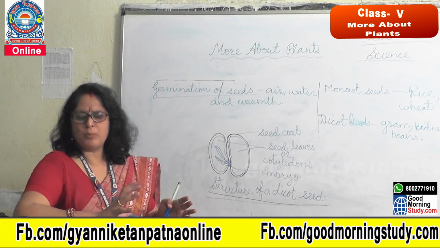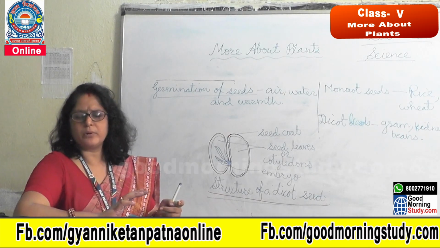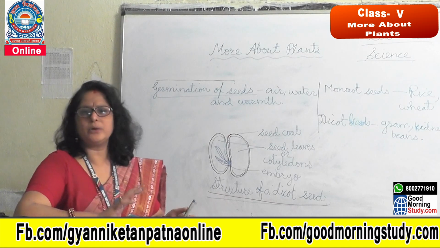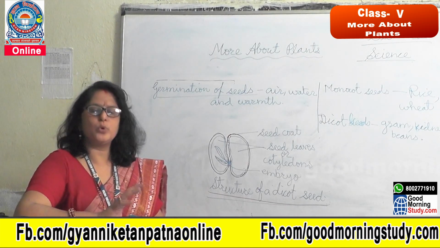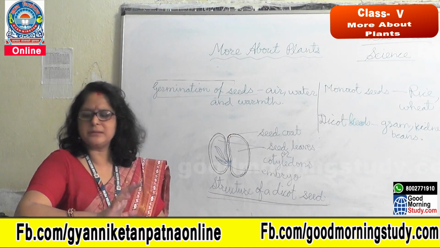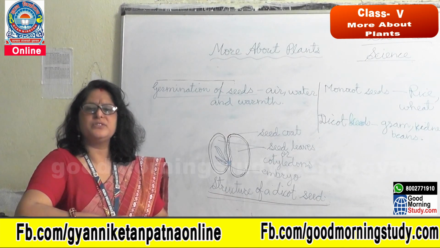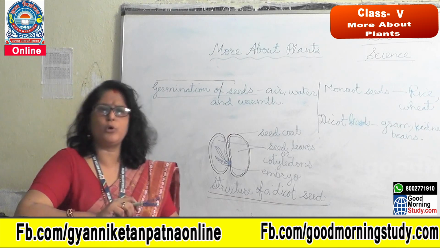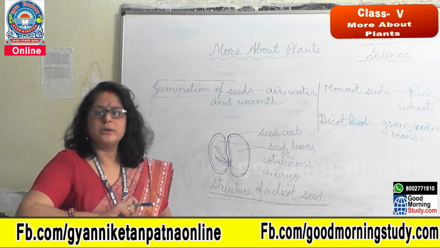In the first bowl you will keep only seeds and dry cotton. In the second bowl you will keep wool, wet cotton and seeds. And in the third bowl you will keep only water and seeds. Observe all 3 bowls for 1 or 2 days.